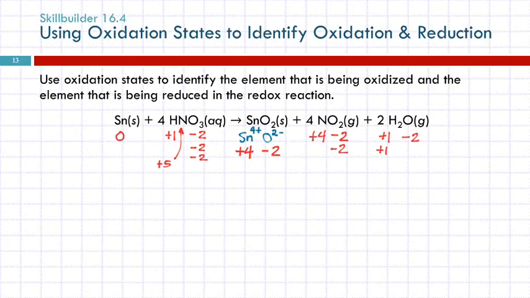To see what's being oxidized, we're going to look and see if we can find what is increasing in its oxidation state. Well, what's happening with tin? Tin started at 0 and it went to +4. Is that increasing? Yeah. So this is going up. So from 0 to +4, that's oxidation.